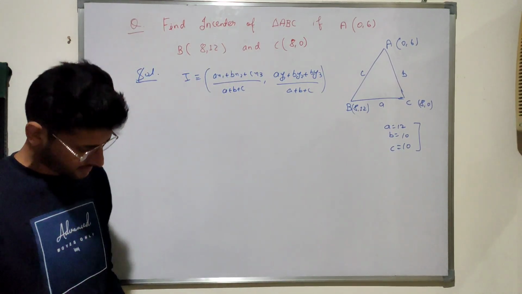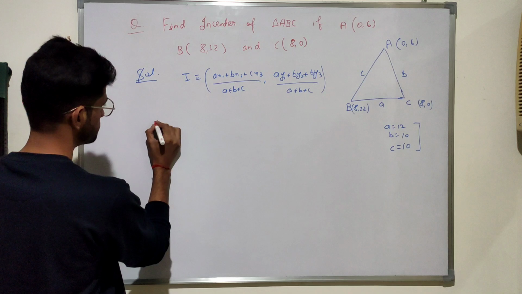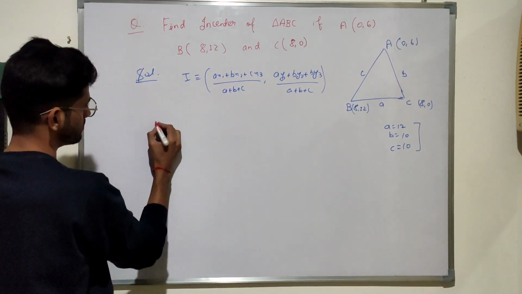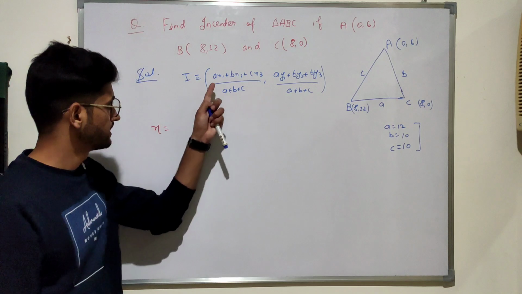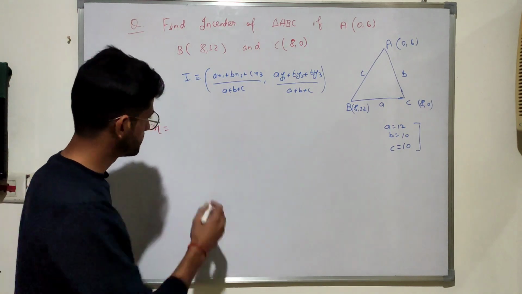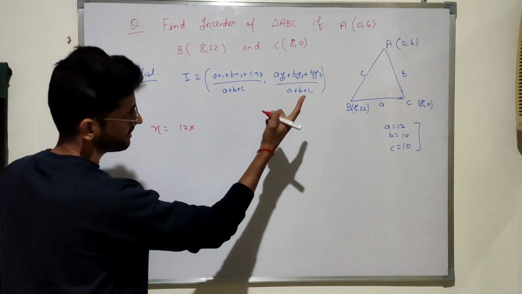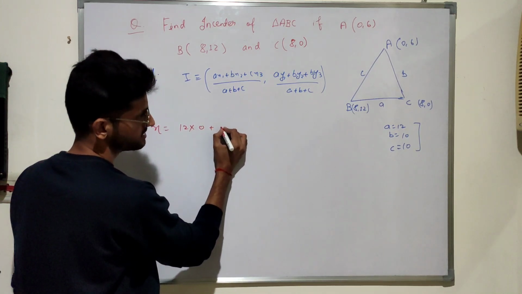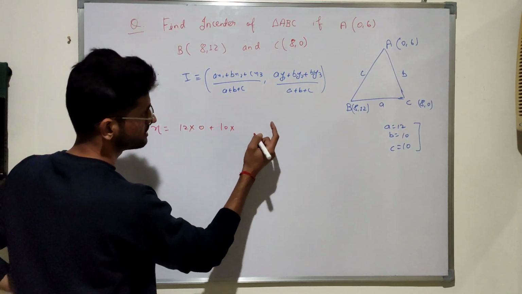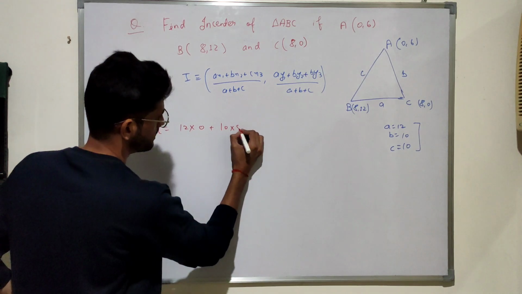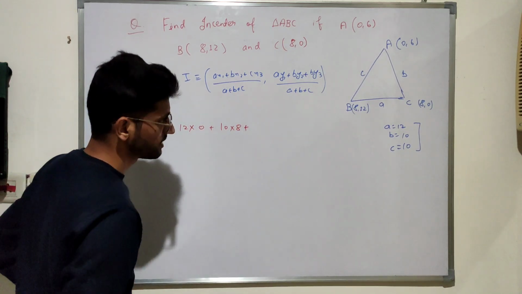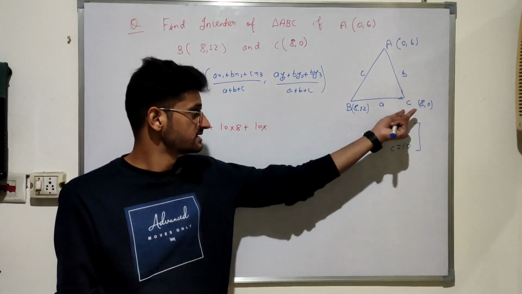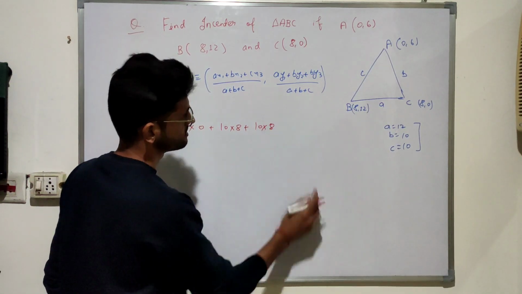What we can do is, we can write I is equal to, first of all let's compute the x coordinate, which is equal to a multiplied by x1. So a is 12, x1 is the x coordinate of point A, that is 0, plus b is 10 multiplied by x2, the x coordinate of point B, that is 8, plus c into x3, c is 10, x3 is the x coordinate of point C, that is 8 once again.